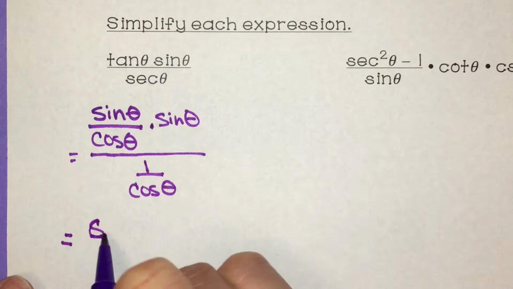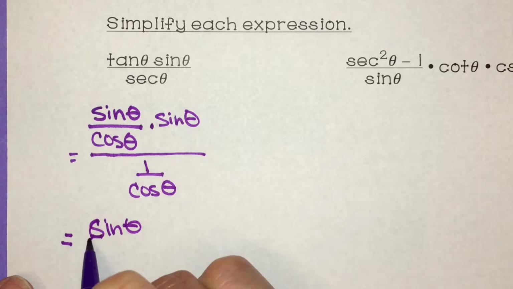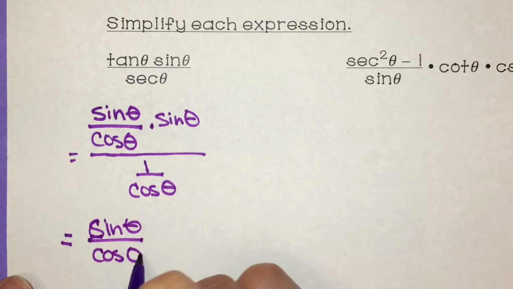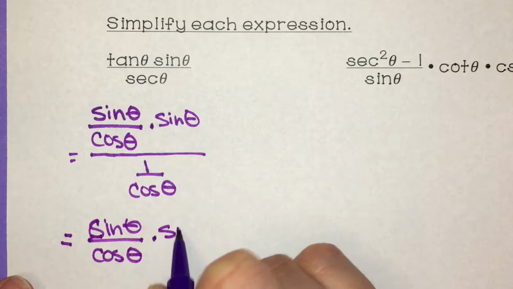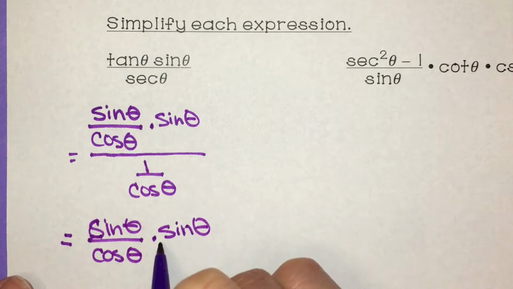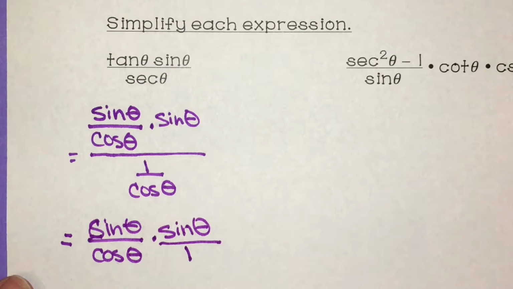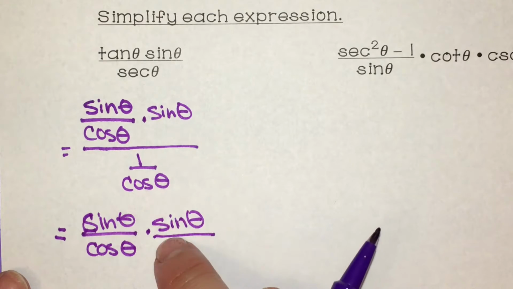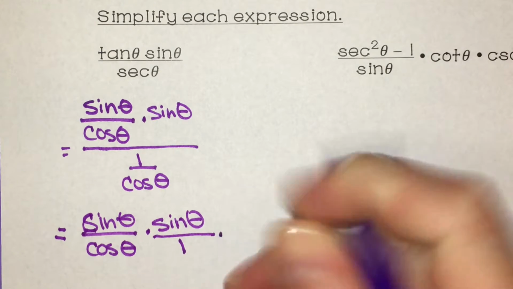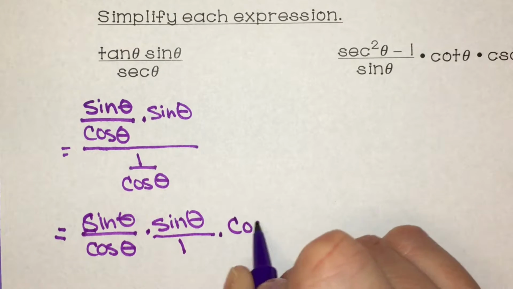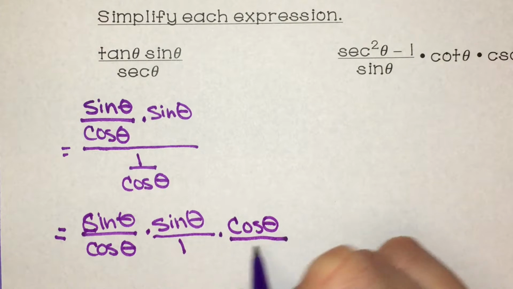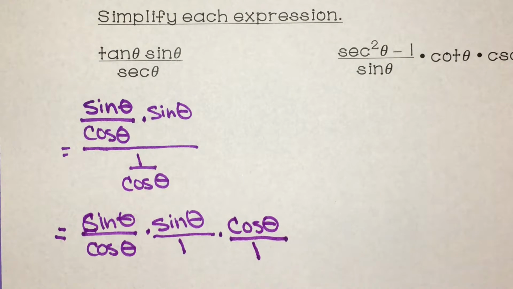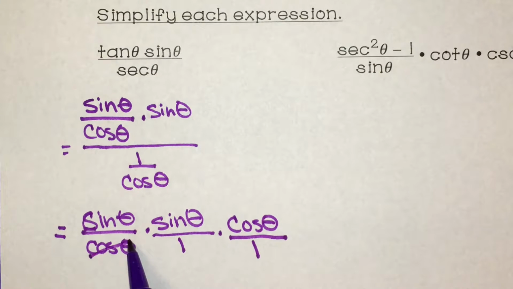So we have sine theta over cosine theta multiplied by sine theta. This would be on top because it'd be over 1. If I want to put it over 1, I can. Multiplied by, I'm going to flip this over, cosine theta over 1. Okay, so we're going to cancel anything out that's the same on top and bottom. So I have a cosine theta divided by cosine theta equals 1.